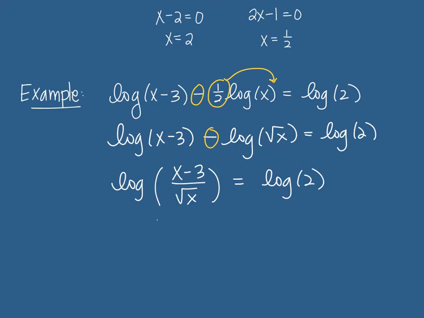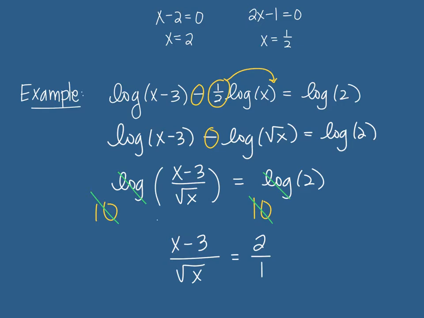Once I'm to the point where I have a single log on each side, then I can use the right base. And the correct base would be base 10. Leaving me with x minus 3 over rad x equals 2. And I think 2 would be better if it was written 2 over 1.